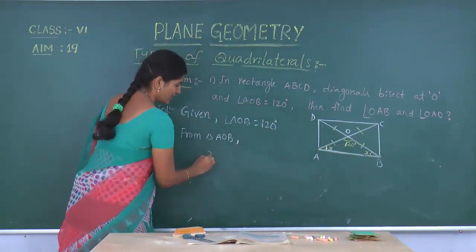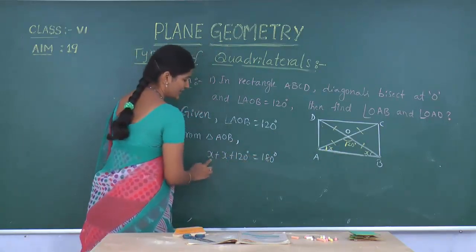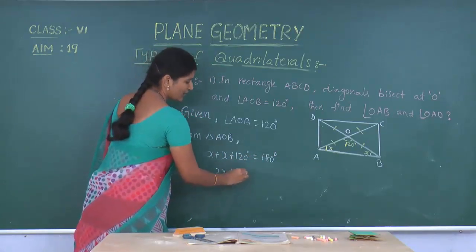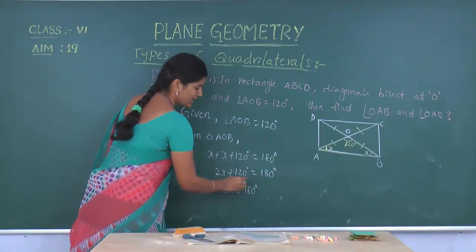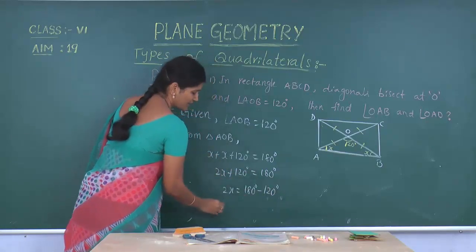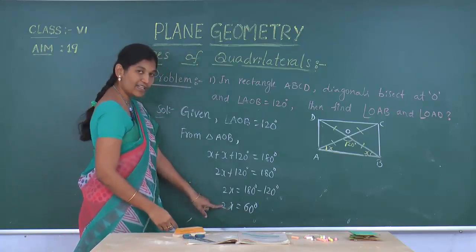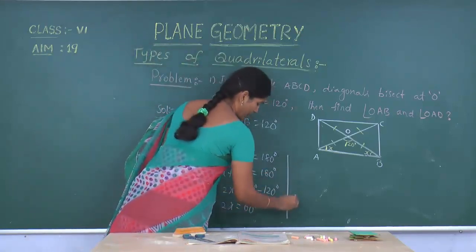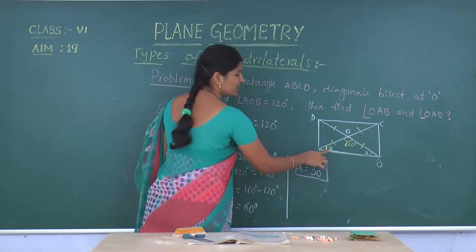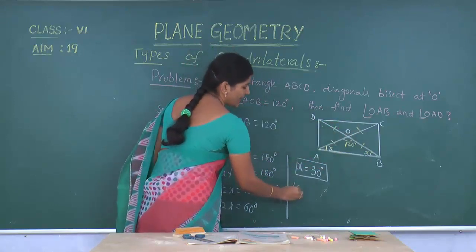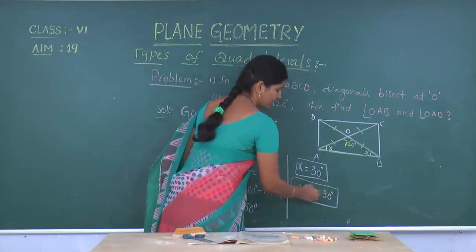So x plus x is 2x. 2x plus 120 degrees is equal to 180 degrees. 2x is equal to 180 minus 120, which gives 60 degrees, and 2 going to the other side it is divided, so x is equal to 30 degrees. What is x here? Yes, it is angle OAB, and we got angle OAB is 30 degrees.